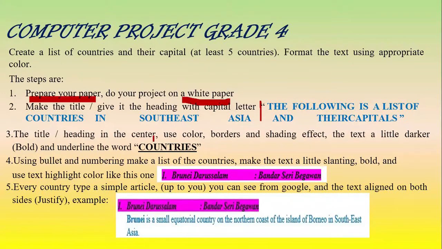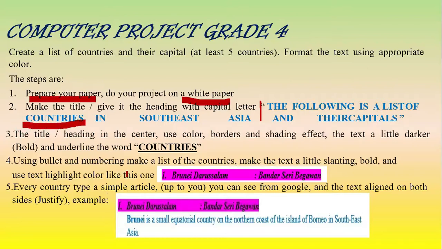The title or heading goes in the center. Use color, border and shading, and effect the text, a little darker and bold. So the title can be made thicker and you can give it a box border. And don't forget to underline the countries.